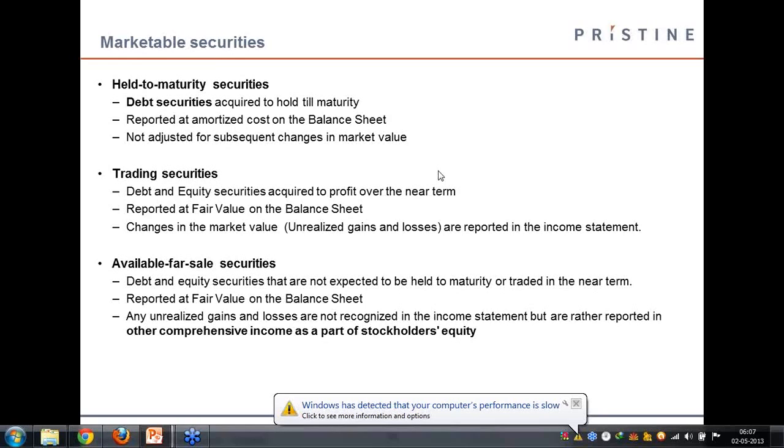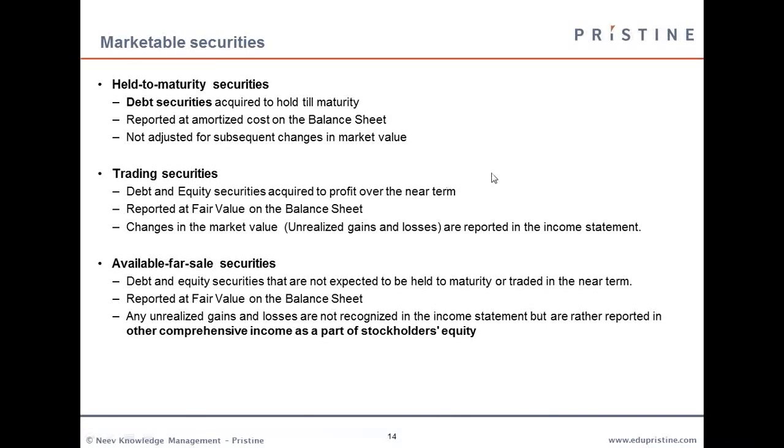Say the bond value changes over the course of time. Those effects are not taken into consideration since we are keen to hold to maturity, so we only report it at amortized cost. Amortized cost means you take the cost and subtract the accumulated depreciation or amortization, and the remaining value is the amortized cost. It's basically the historical cost minus the accumulated depreciation or amortization.